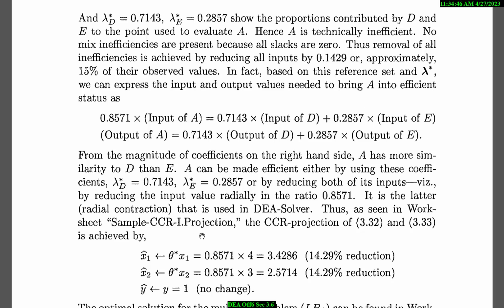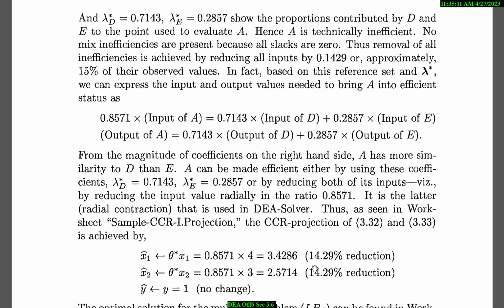So the projection can be obtained as you can see here. Indeed, the first input of the DMU can be this, and the second one this.